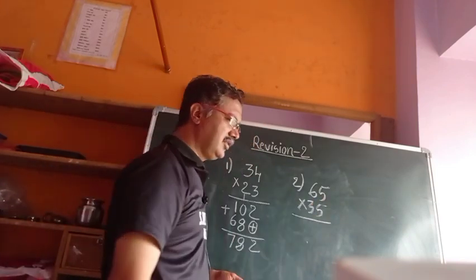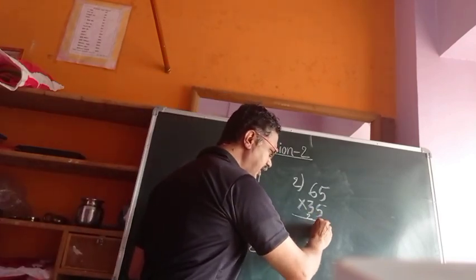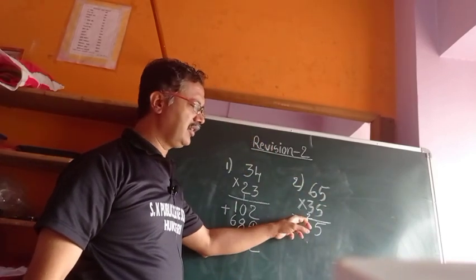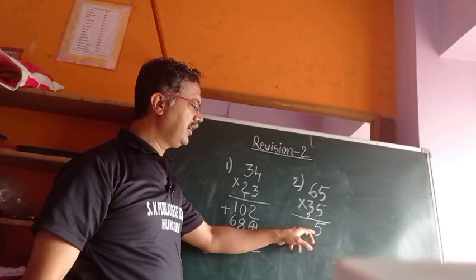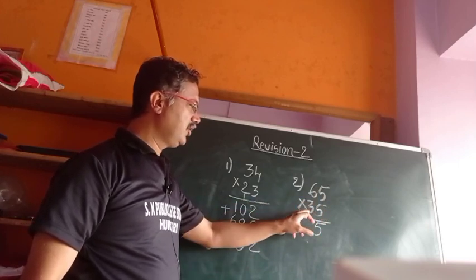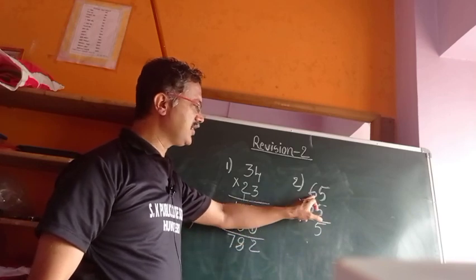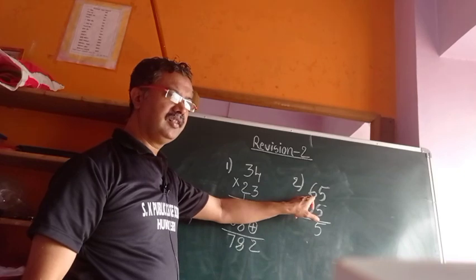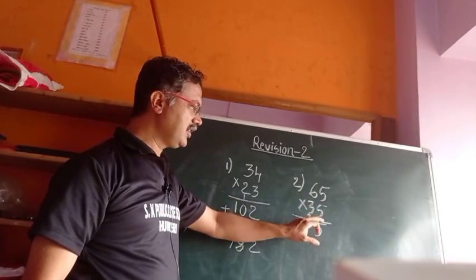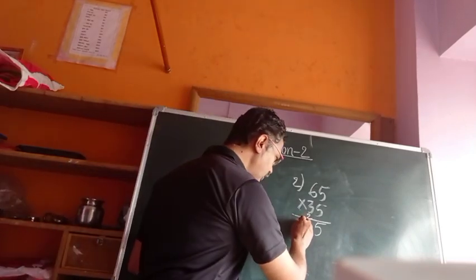5 5s are 25. 2 here downside and 5 here. 5 5s are 25. Now 5 6s are 30. 5 6s are 30 plus 2, 32.